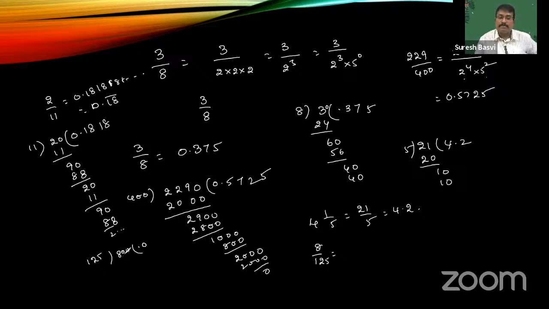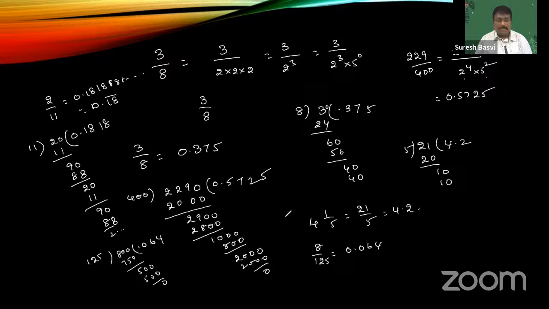0.0. Why? Because 125 does not go into 80, so I take 0. Next, 125 times 6 is 750. So 750 is there, 50 is there, and 0 is there. 500. So 0.064.